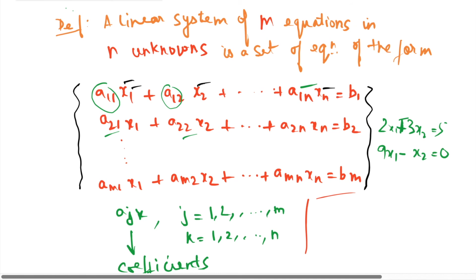Let's say you write 2x1 squared plus 3x2 is equal to 5 and 9x1 minus x2 is equal to 0. Now this is not a linear system of equations, because the power of x1 in the first equation is 2, it's not 1. So this will not be a linear system.